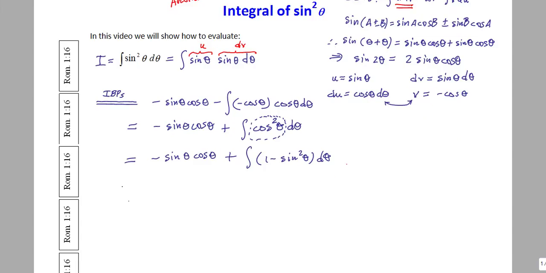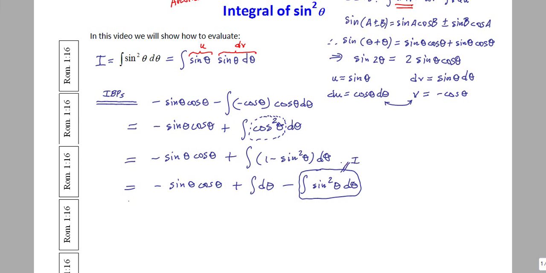And then we get minus sine theta cos theta plus the integral of d theta when I distribute, minus the integral of sine squared theta d theta. And once again, we recognize this integral to just be I.